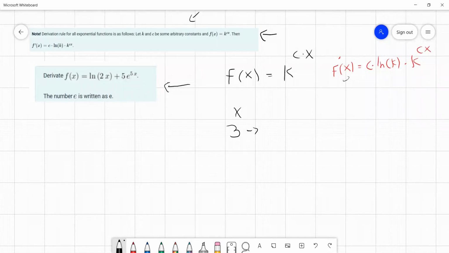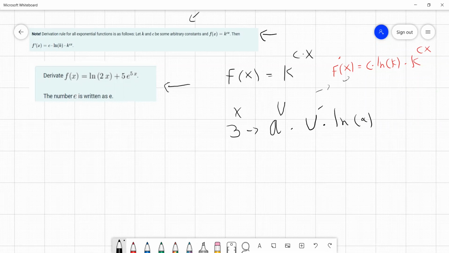The modified version of the chain rule essentially states that if you want to take the derivative of this function, the derivative would be equal to a to the power of u times the derivative of u times ln a.